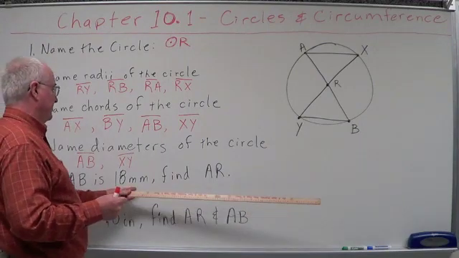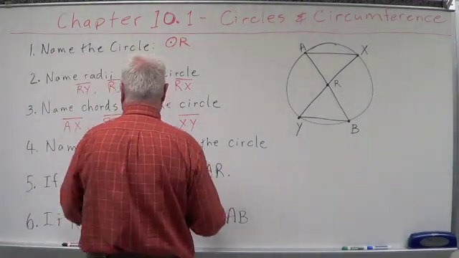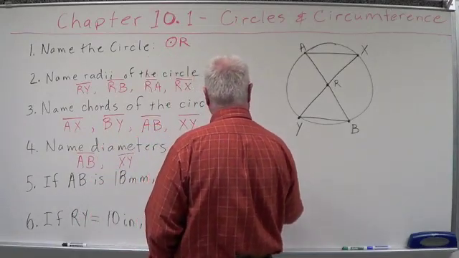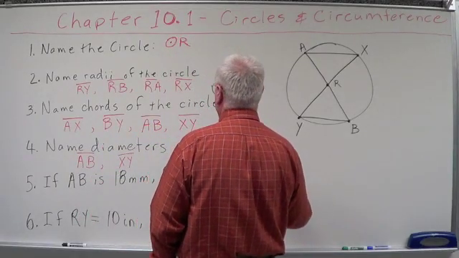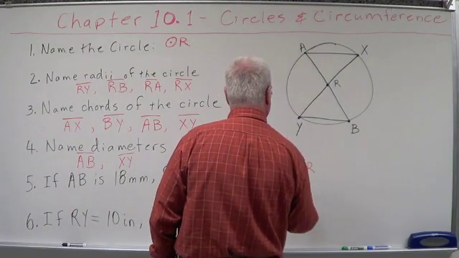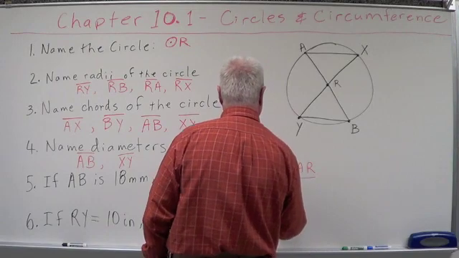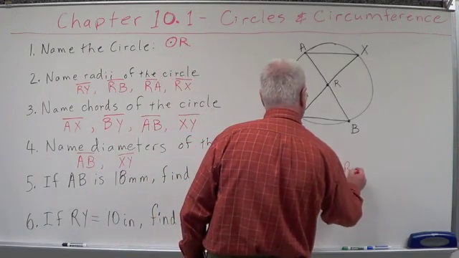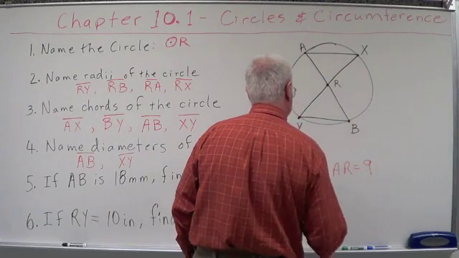So 18 equals 2 times AR. We would divide both sides by 2, and we would come up with AR equals 9.